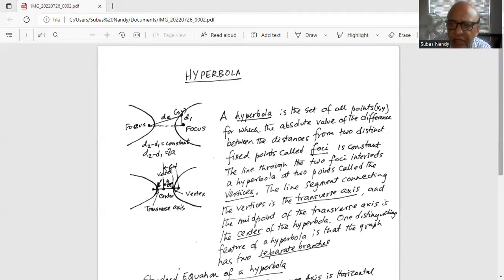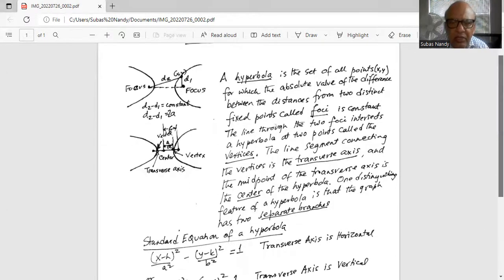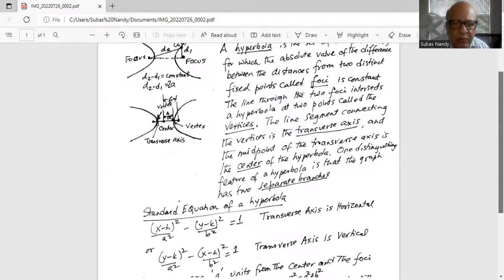So what is the standard equation of a hyperbola? The standard equation is (x minus h) squared divided by a squared minus (y minus k) squared divided by b squared equal to 1. In this case, the transverse axis is horizontal, which is the picture shown in this diagram. What about when the transverse axis is vertical?